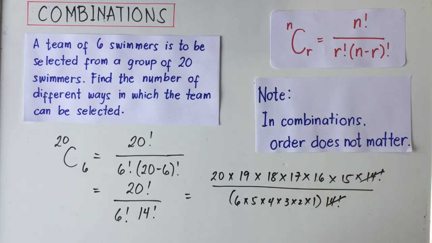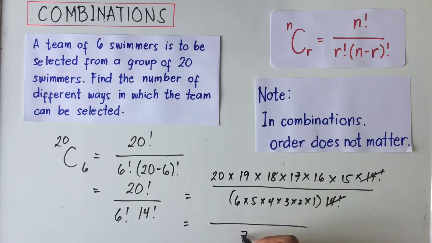Let me see if I can cancel out something. 6 times 5 times 4 times 3 times 2, you'll have 720.